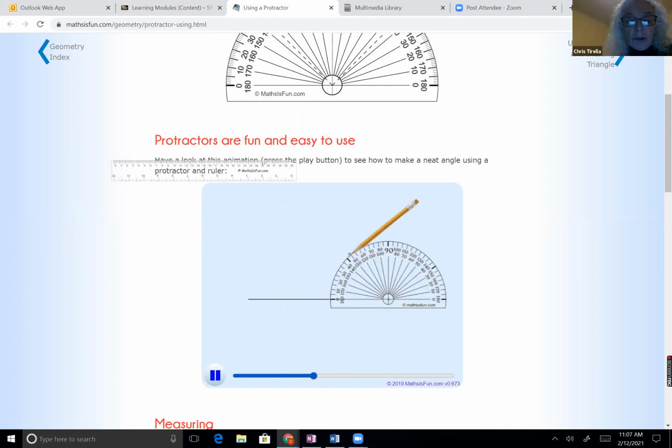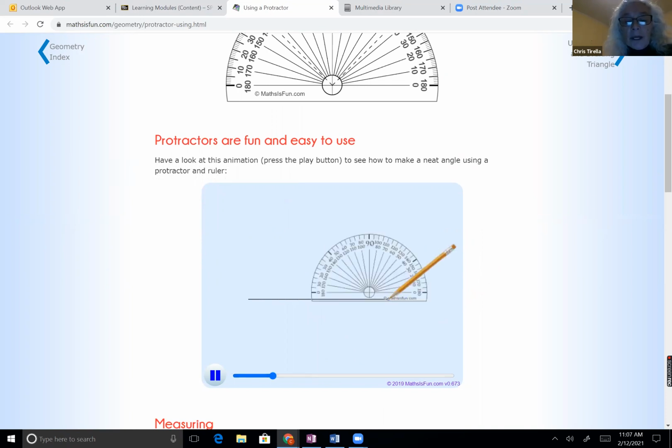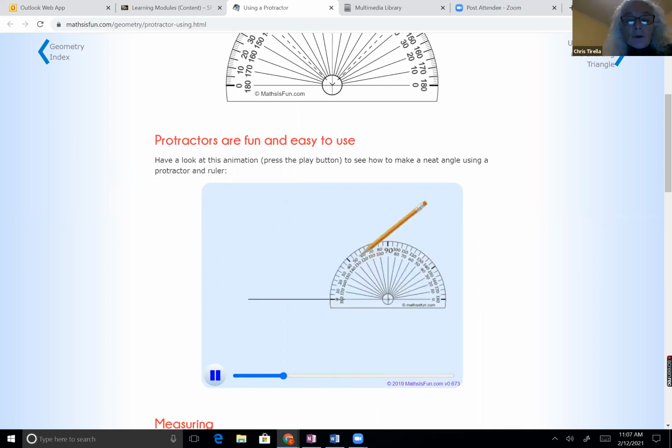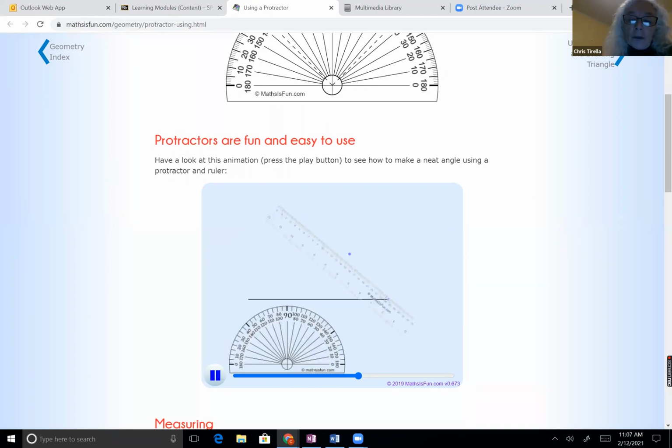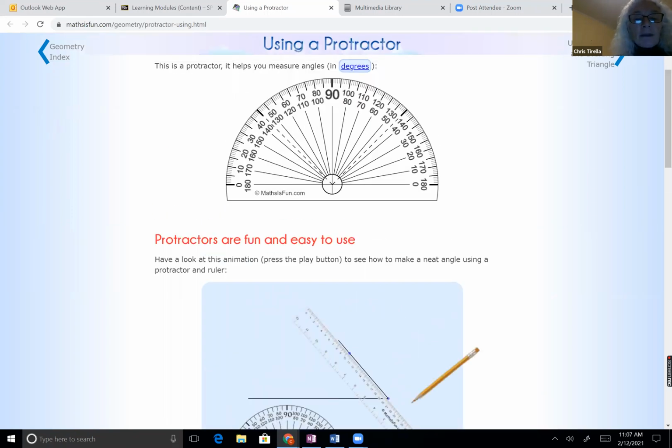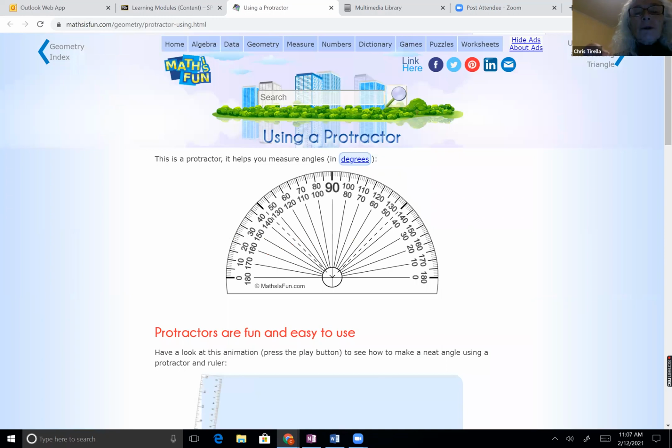You're going to put the point of the protractor on the corner, and then you're going to go to where that measurement is and draw your angle. What I think makes it a little dicey for some people is that this protractor has two number scales, one that starts at 0 on the left and one that starts at 0 on the right. Which one you use depends on which way you're drawing your angle.